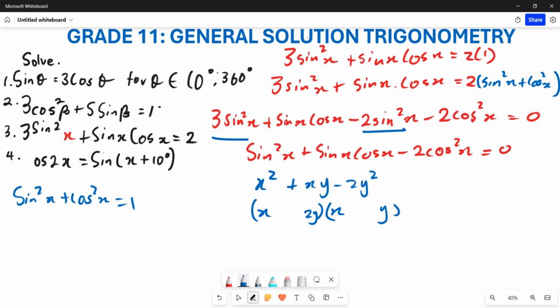Then now, what is it that you're going to have? The part that is having your 2y is going to be positive, and this is going to be negative. Sorry, right?